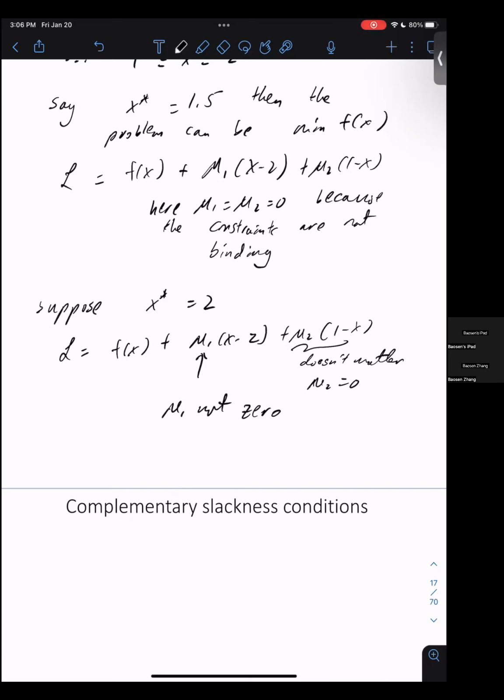Mu will not be 0 if your constraint matters, if it is binding. Mu will be 0 if your constraint doesn't matter, that is, if it's not binding. So this is how we encode the constraints. Any questions about this hand-waving argument of where mu comes in?